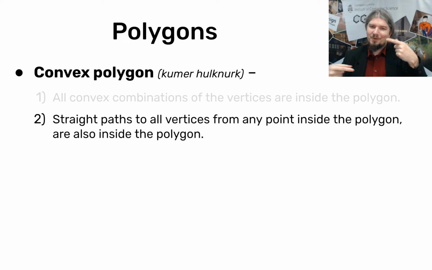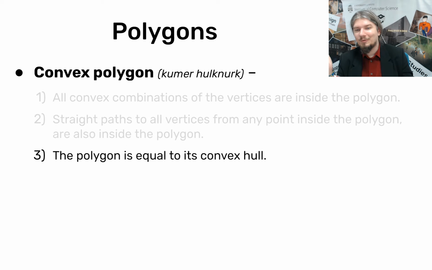That's a counterexample you can use to test if something is not convex, because for all convex polygons, all the straight paths to all vertices from any point in the polygon are also inside the polygon. Any point you take, draw paths to vertices, all these paths must be inside.